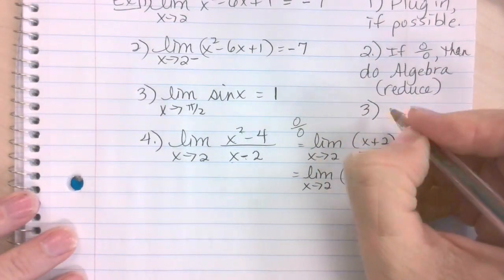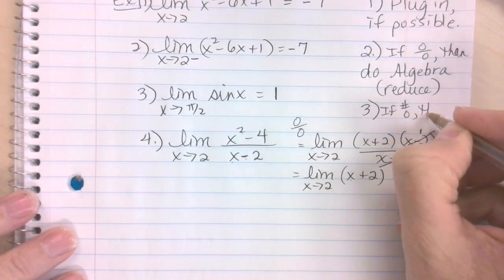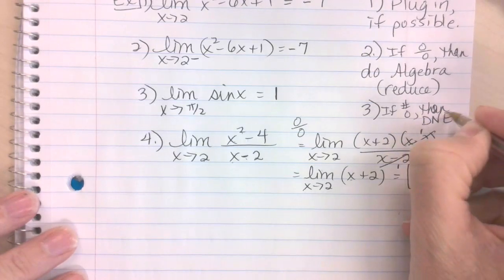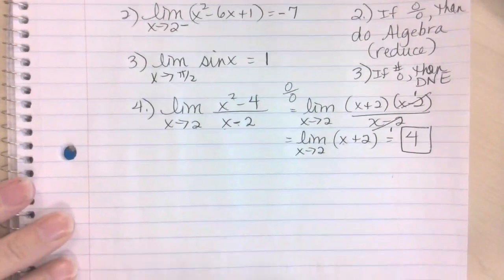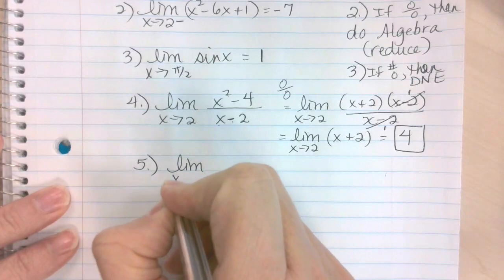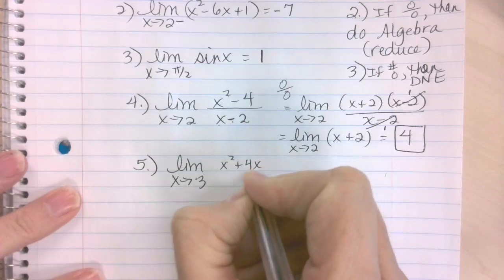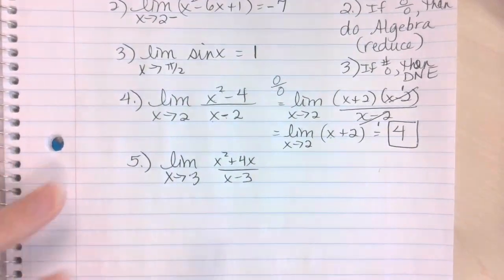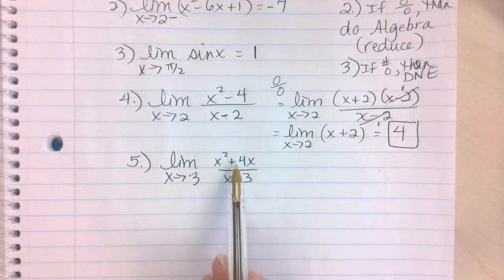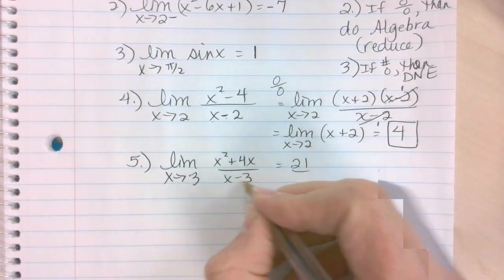Now, if we get a number over 0, then the limit does not exist. The limit does not exist. For those Mean Girl fans. In this case, 3 squared is 9, plus 4 times 3 is 12. 9 plus 12 is 21 over 0.